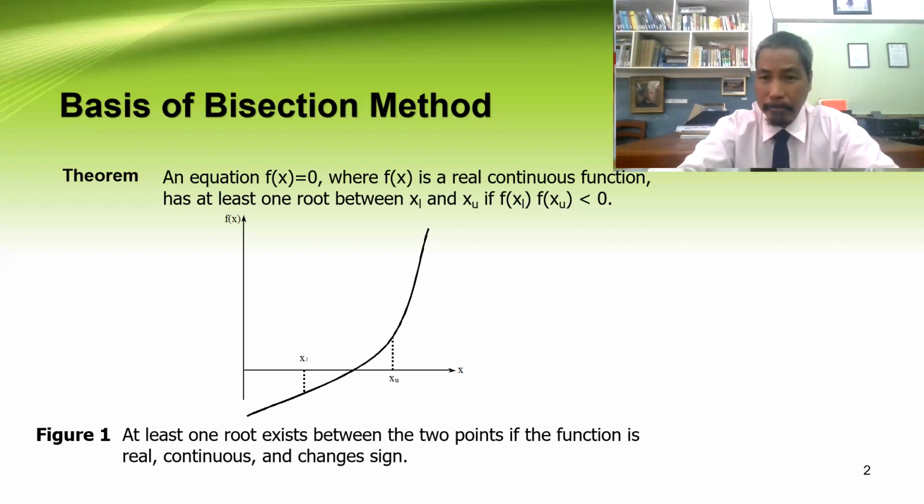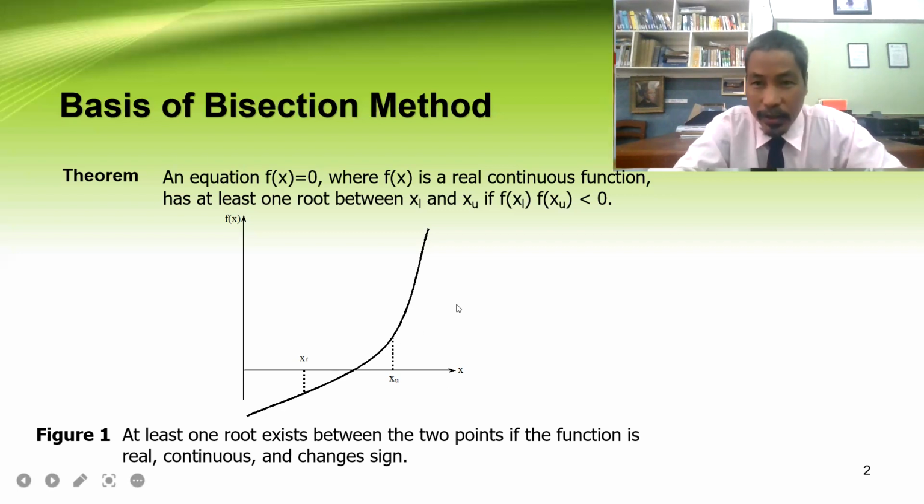It is very logical if you just think about it, because if the function is negative on one side and positive on the other side, the function will definitely cross the x-axis, and crossing the x-axis is what we call a root of the function.